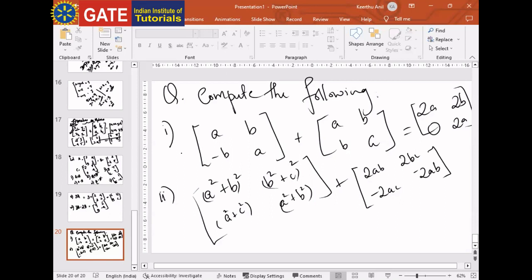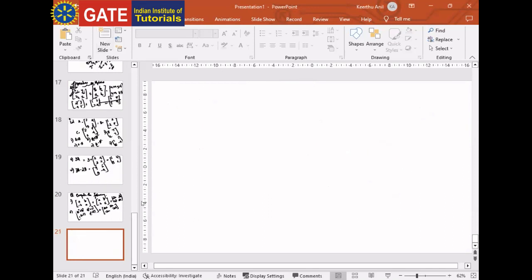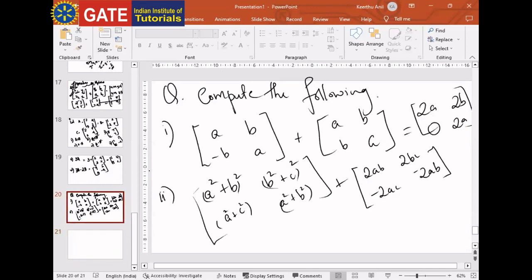Okay. So what will be the answer? A minus B whole square. Getting it? Not getting? Simple only. Here it is A square plus B square. What is coming here? 2AB. You know that A square plus 2AB plus B square is what? A plus B whole square. Right? That is the case.